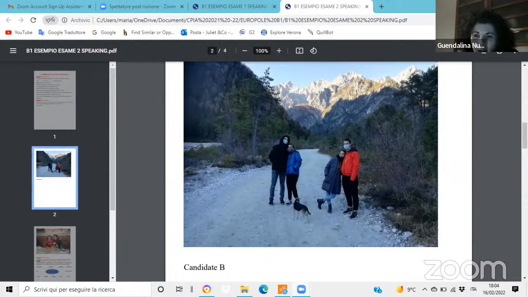The boy on the right is wearing a red jacket, and she is wearing a gray coat. A long raincoat.